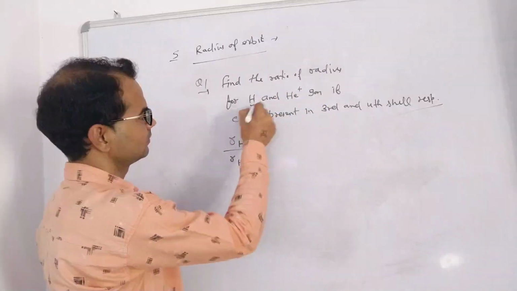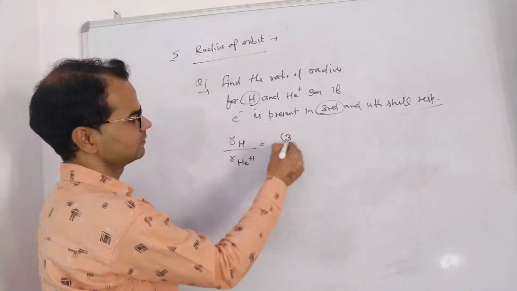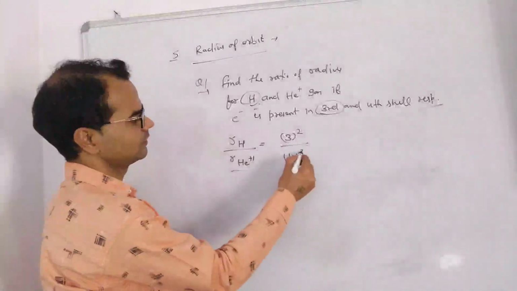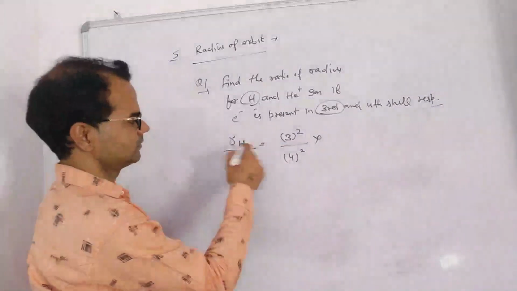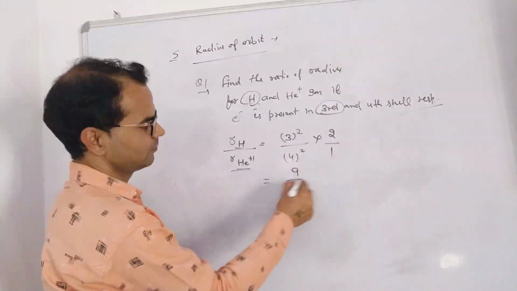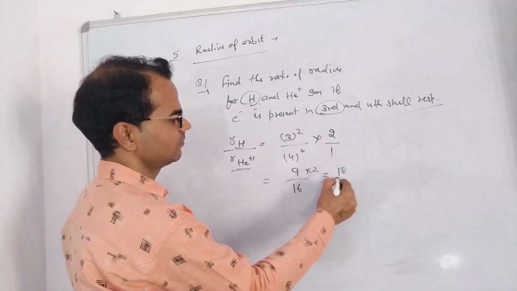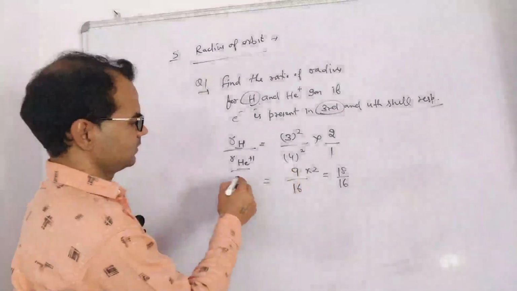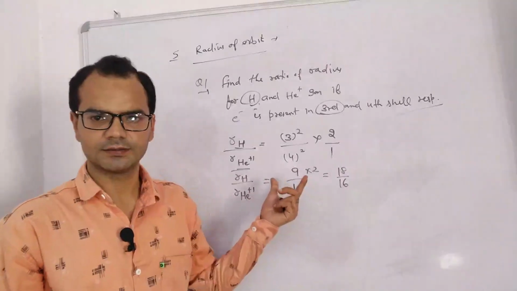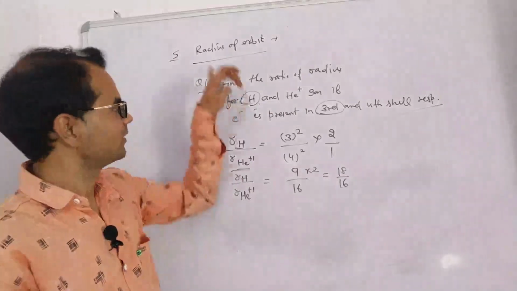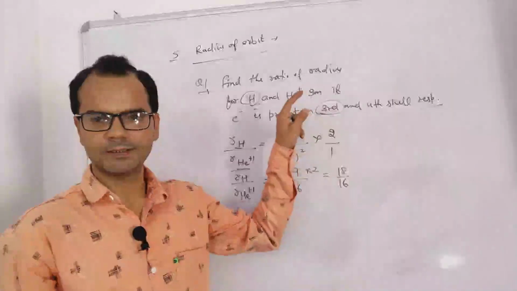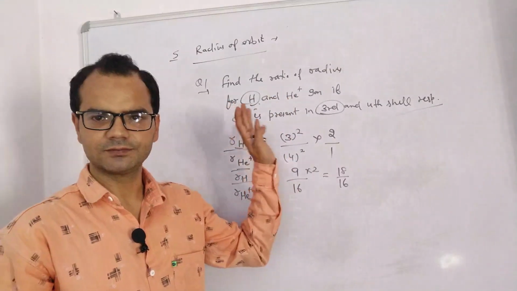For hydrogen n is 3 square, for helium n is 4 square, and inversely proportional to atomic number. Atomic number of hydrogen is 1, helium is 2. So 9 by 16 into 2, 18 by 16, the ratio of radius of hydrogen and radius of helium ion. That's it for radius of orbit. At home you can practice for helium ion, lithium dipositive ion and beryllium tripositive ion.